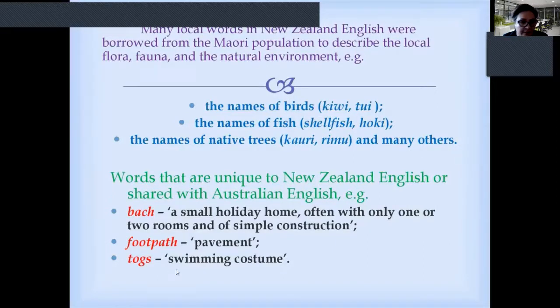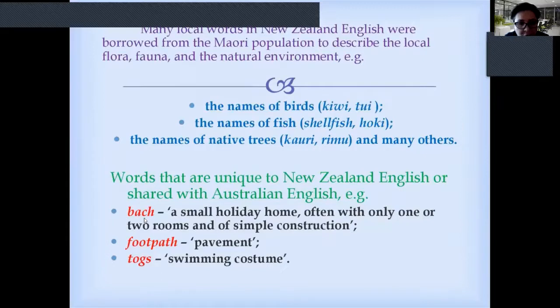Here are given the words that are unique to New Zealand English or shared with Australian English. For example, bach, a small holiday home, often only with one or two rooms, of simple construction, a little house where people can spend their holiday.